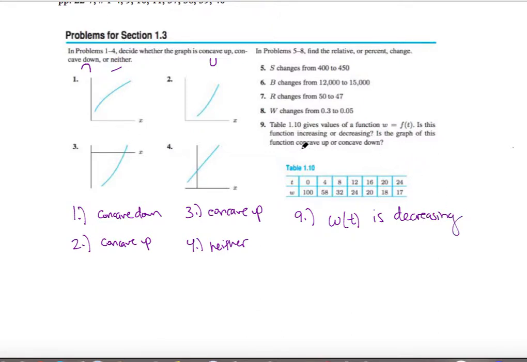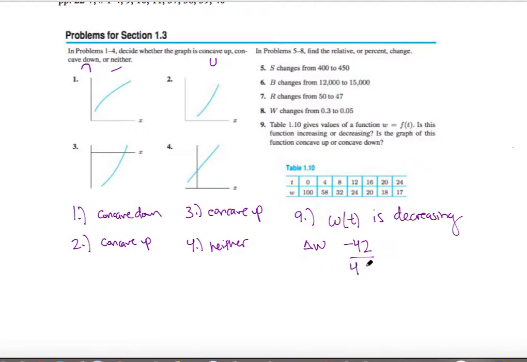Now, to determine whether or not it is concave up or concave down, we actually need to look a little bit closer. So I'm actually going to look at this from one instance to the next. I'm going to look at the change in w from one instance to the next. So the first change in w is 100 down to 58. And so that change is negative 42 in 4 seconds.